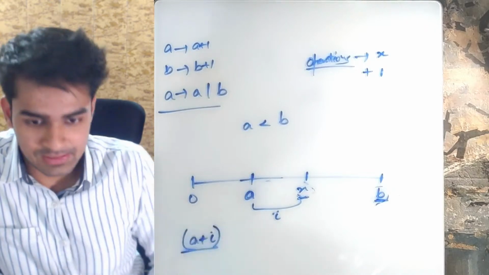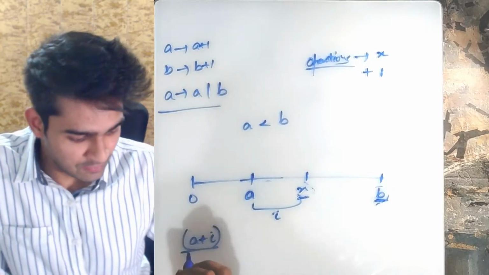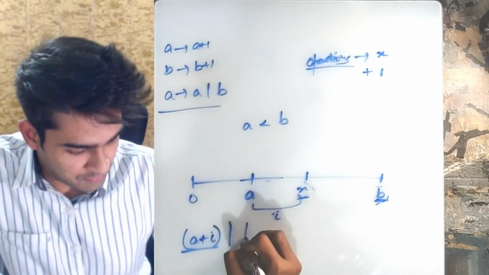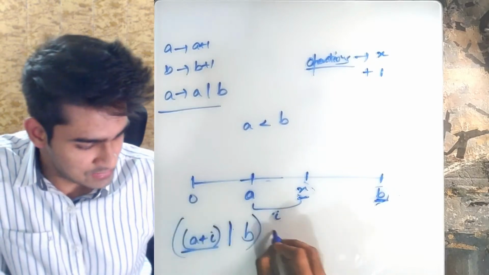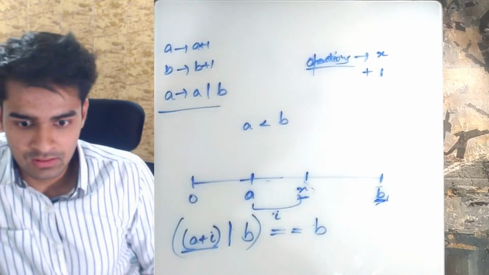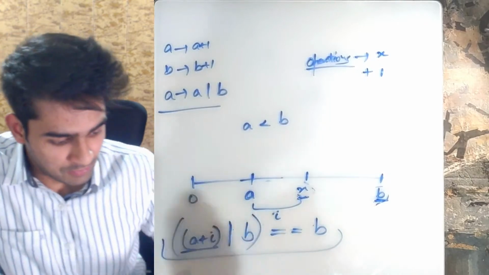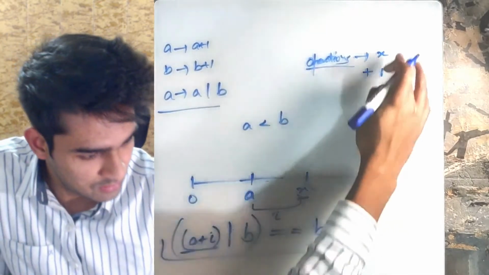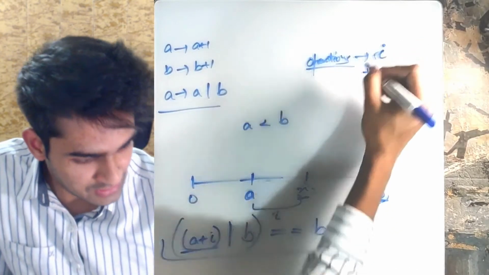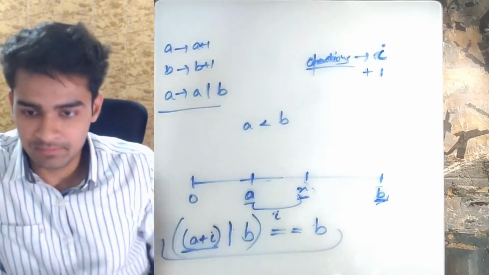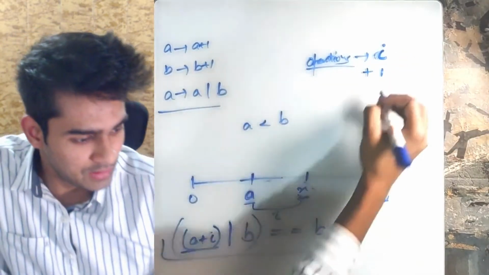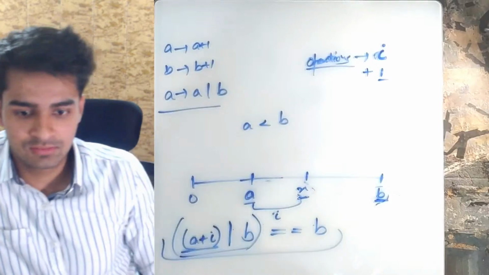My new number is a plus I, and I'm trying to see if a plus I OR b equals b. If that is the case, the number of operations I need would be I plus 1, because I was the total additions I did in a, and 1 is for making this OR.